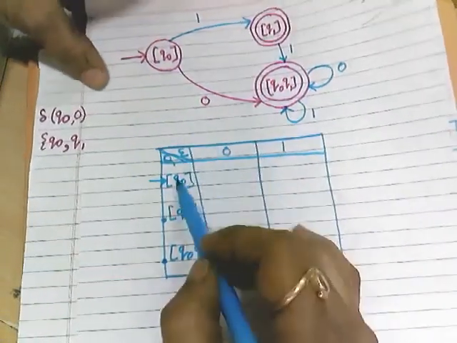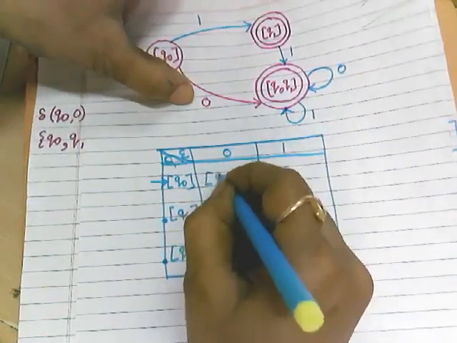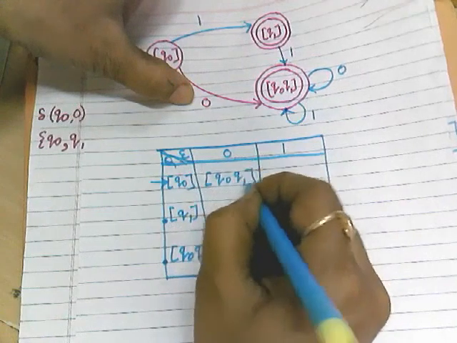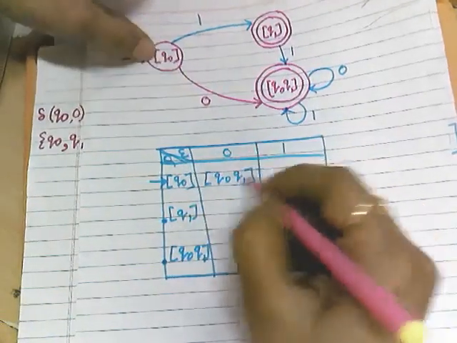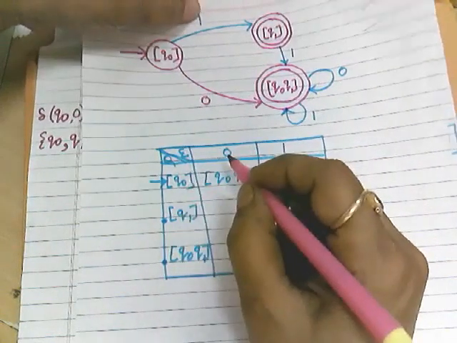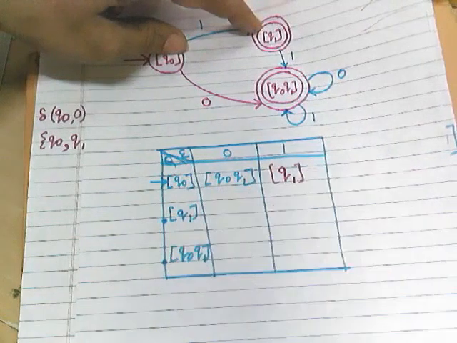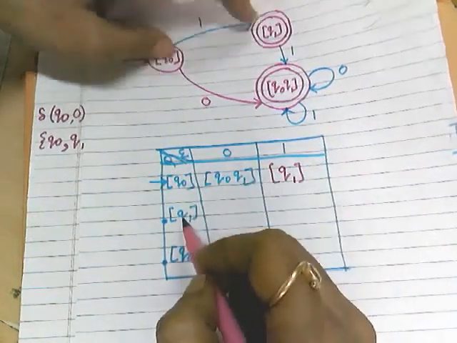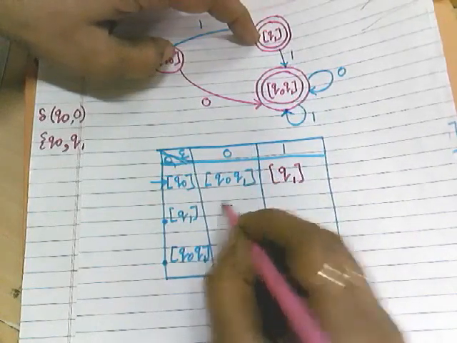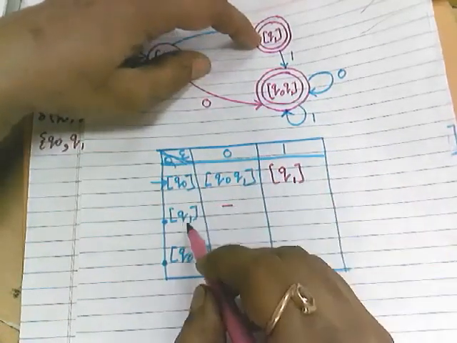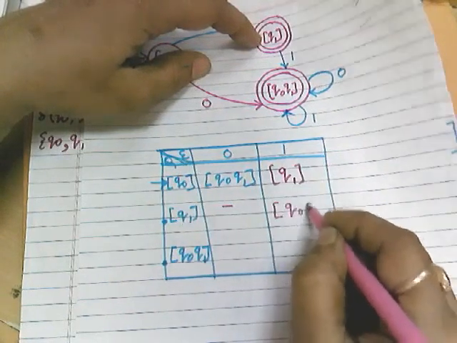Right? Now whatever transitions we have done, we will refer to this and we can make entries in this. Agree? So Q0 on 0 moves to Q0 Q1. Right? Next, Q0 on 1 moves to Q1. Next, Q1 on 0 goes nowhere, right? Next is Q1 on 1 moves to Q0 Q1.